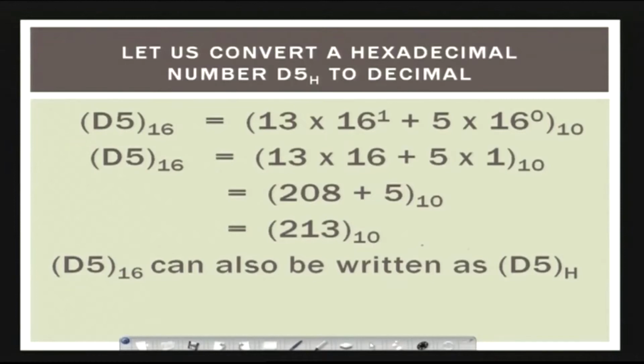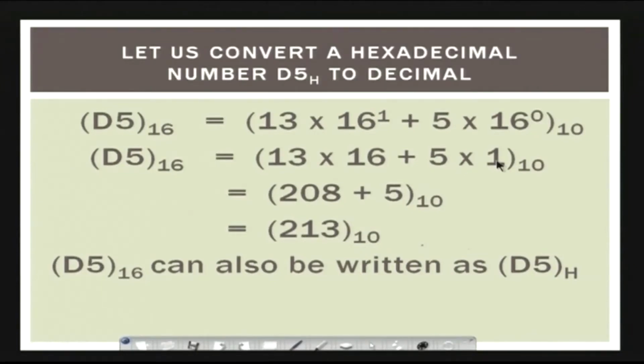Now we will take an example, the number D5, which is in hexadecimal form, and convert it to a decimal number. The least significant digit here is 5. With 5 we multiply its weight 16 power 0, and D represents 13 in decimal form, so we use 13 here and multiply it by 16 power 1. 16 power 0 is nothing but 1.